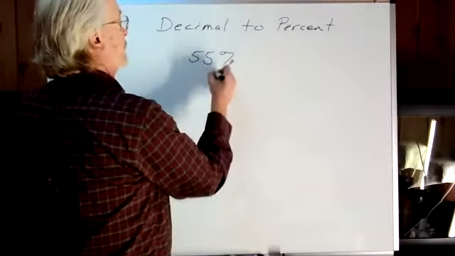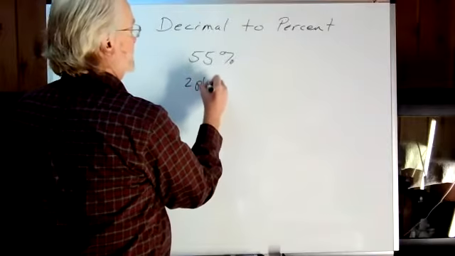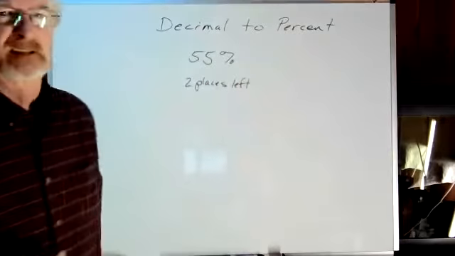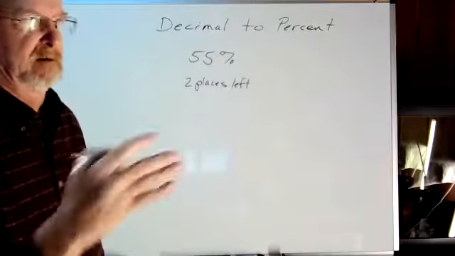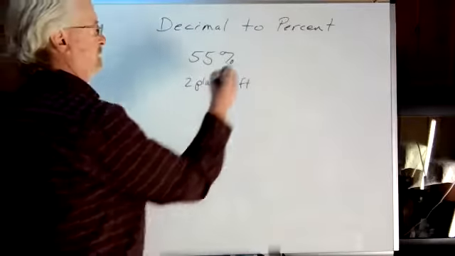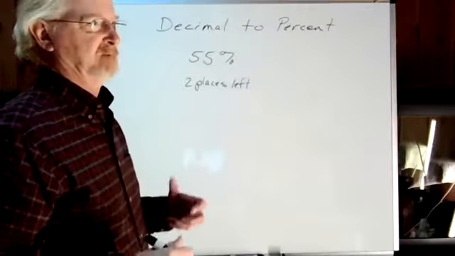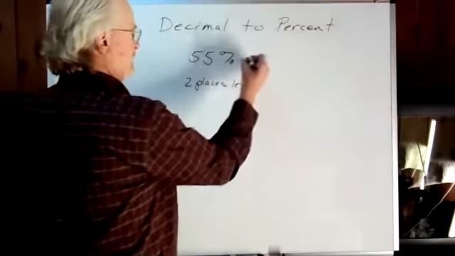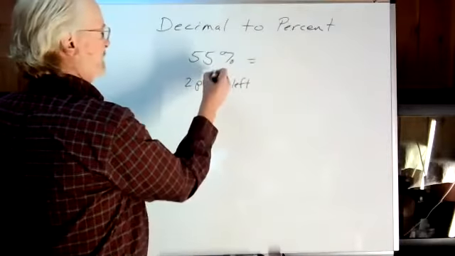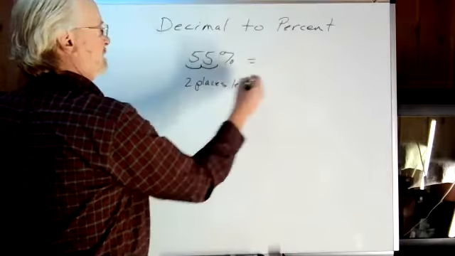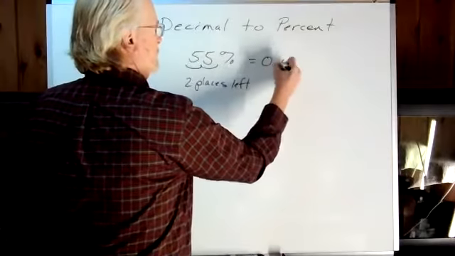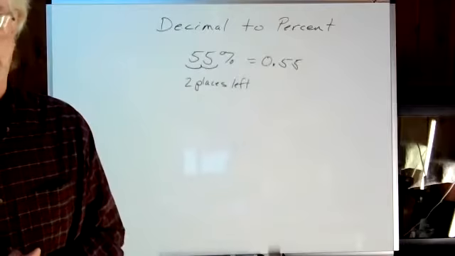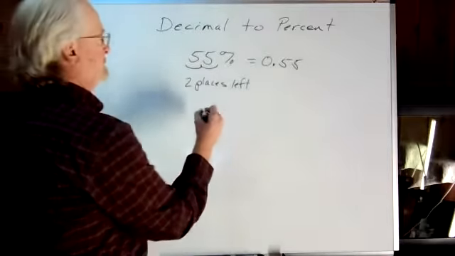So going back, hopefully it just makes sense to you, because trying to memorize left or right as a process rather than just understanding it might mix you up. We're going 2 places left from where that decimal is. So this would be 0.55, 55/100ths.